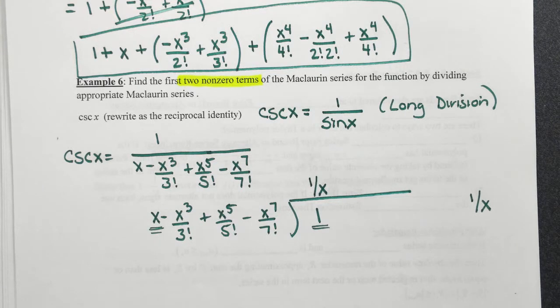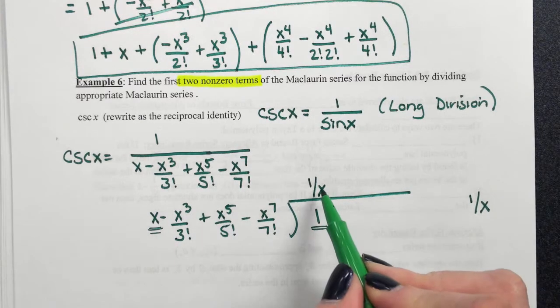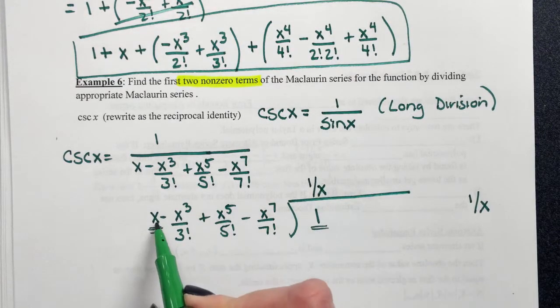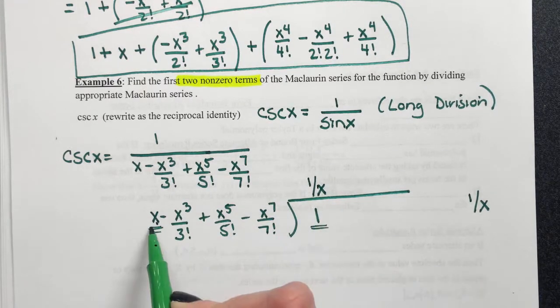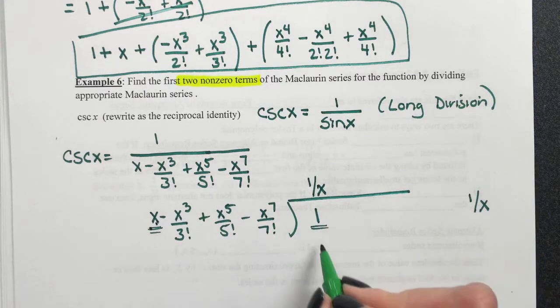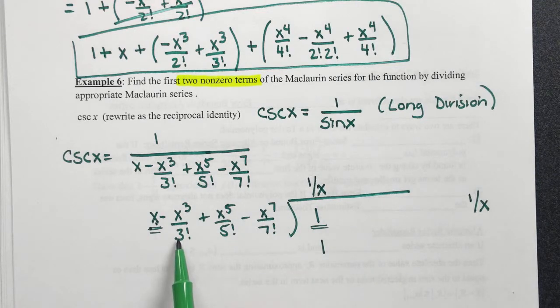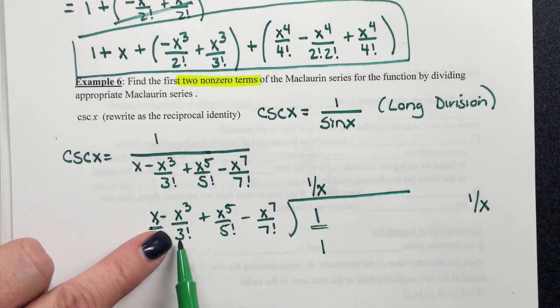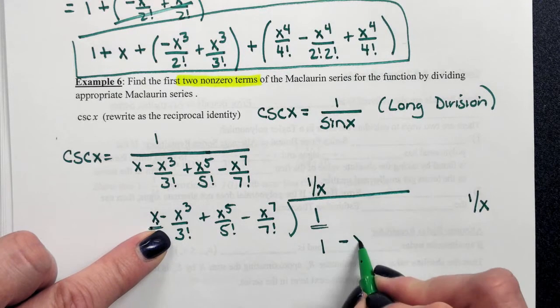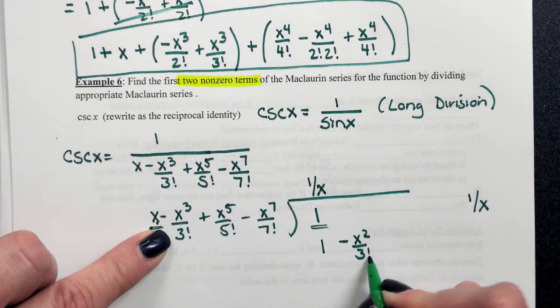So now remember what happens with long division. You're going to multiply 1 over x times x. What is 1 over x times x? 1. 1 over x times negative x to the third over 3 factorial. Well, all that's going to do is what? Drop it down a what? Degree. So it's going to become a minus x squared over 3 factorial.